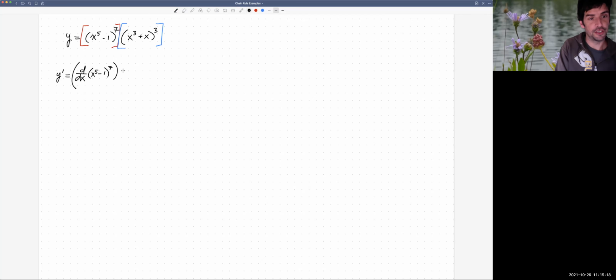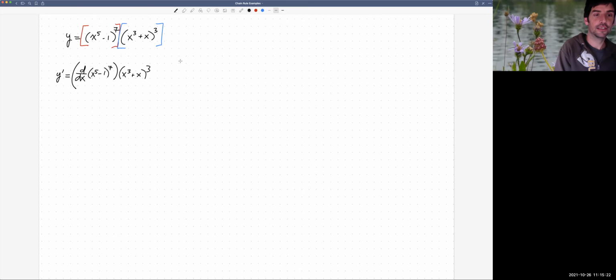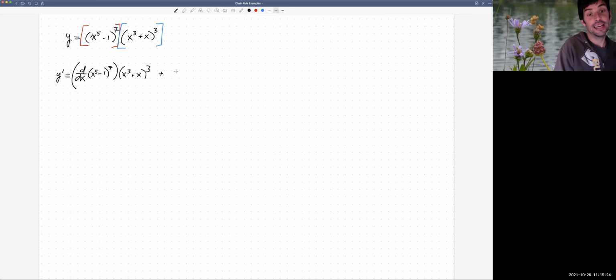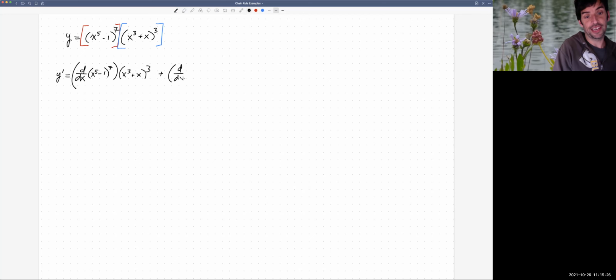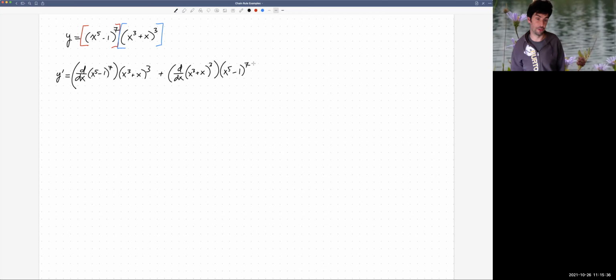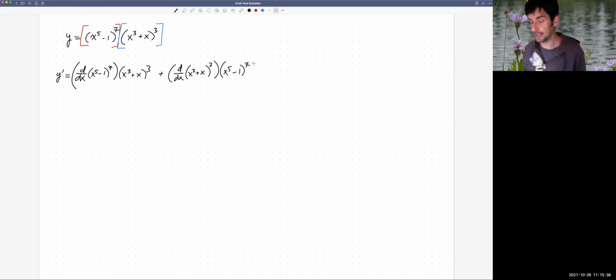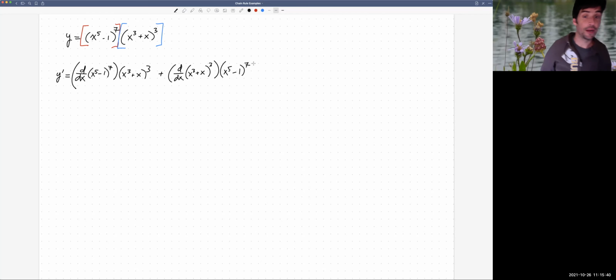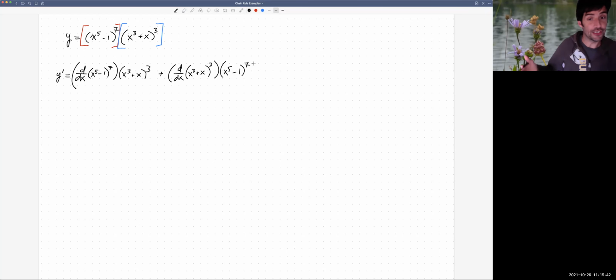That's my first function, the derivative of the first function, times x cubed plus x, the whole thing cubed. Then I'll take the derivative of the second function and multiply it times the first function without doing anything to that one, right?